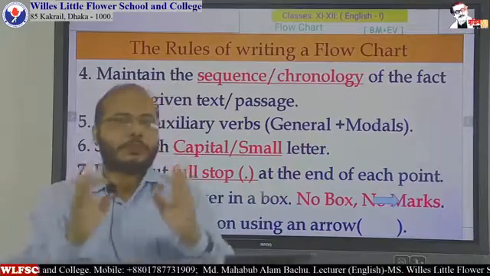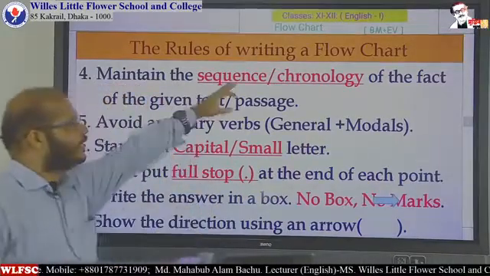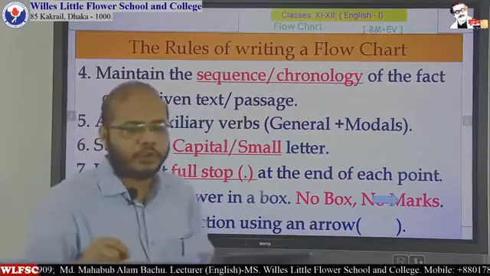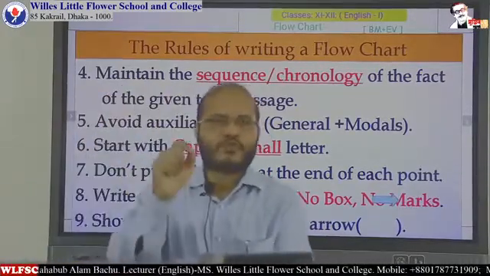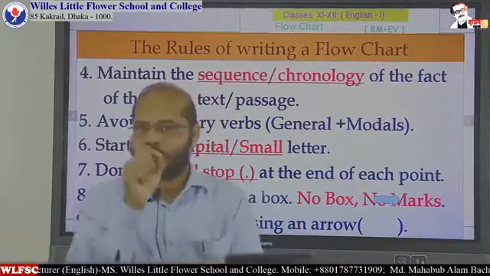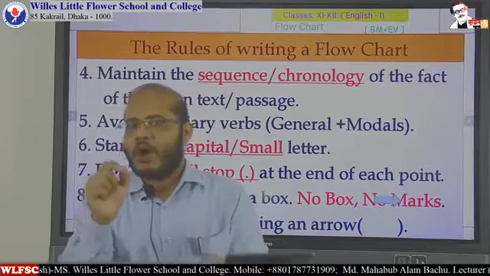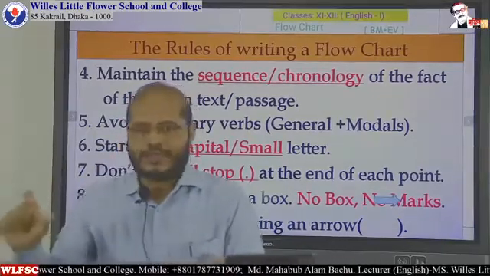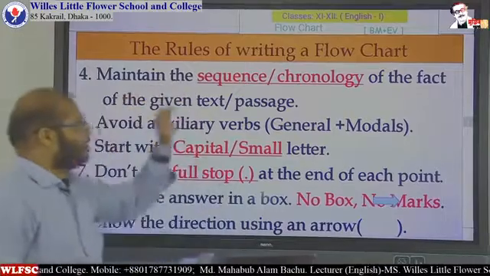So you must follow the sequence or chronology of the text. At first you have to mark the first one in your passage, and then follow the sequence of that chronology. Okay, so follow this rule.